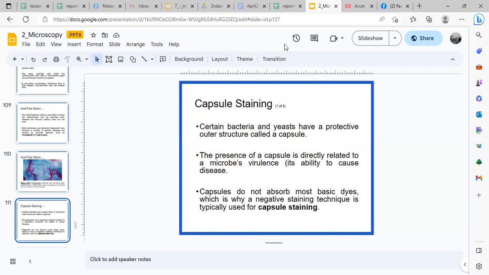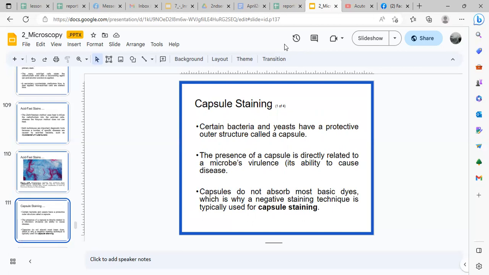Certain types of bacteria with a capsule are harder to kill, so it is related to the ability of the organism to cause disease. Of course, if it's harder to kill, it will cause more disease, unlike without the capsule, where it's easily destroyed by our immune system.